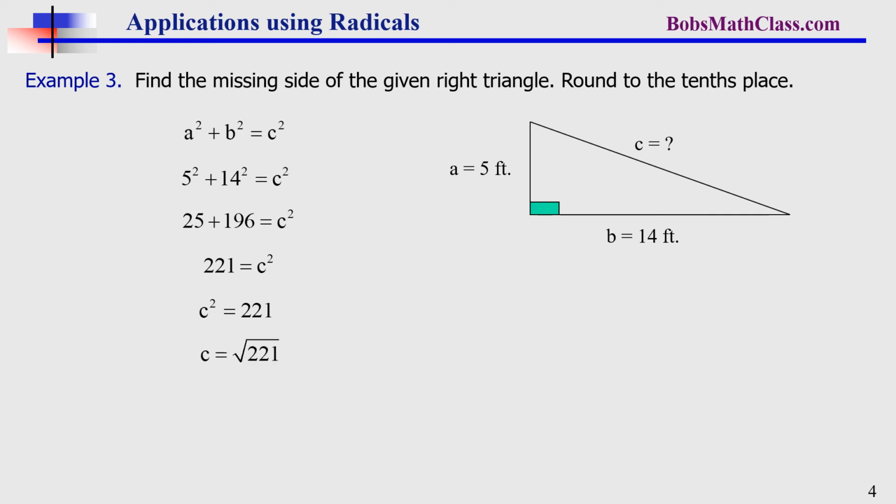There it is. So that's what the value of c is. It's the square root of 221. Of course, we're not done. You're going to put that into your handy-dandy calculator. And again, round to the tenths place. You should get 14.9. And don't forget the feet.